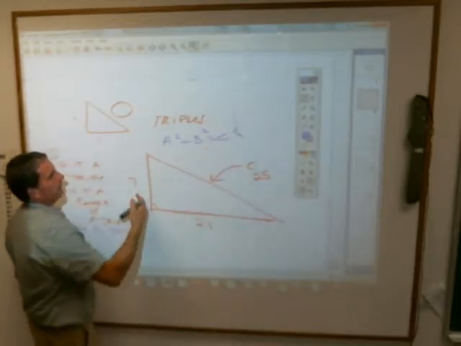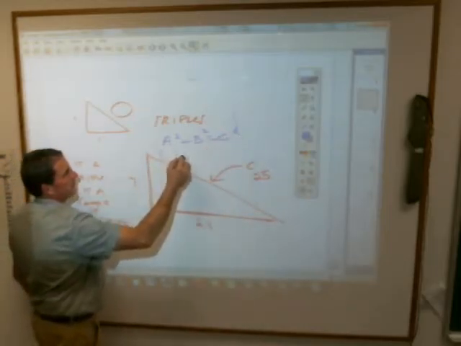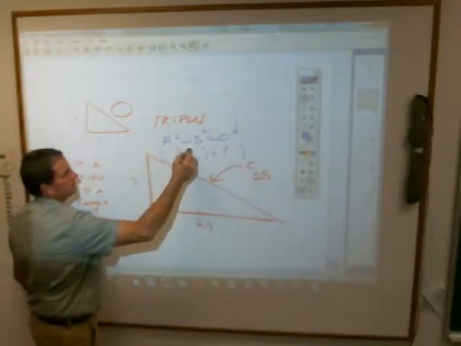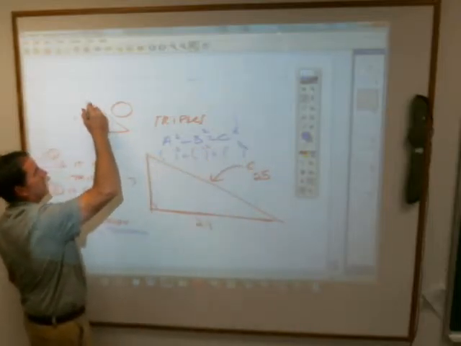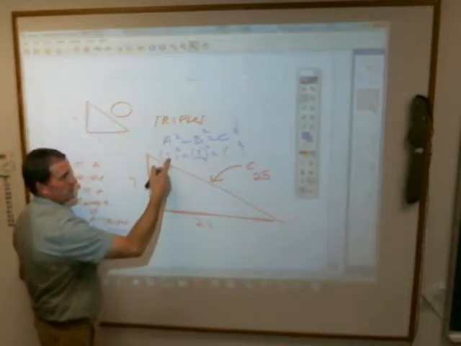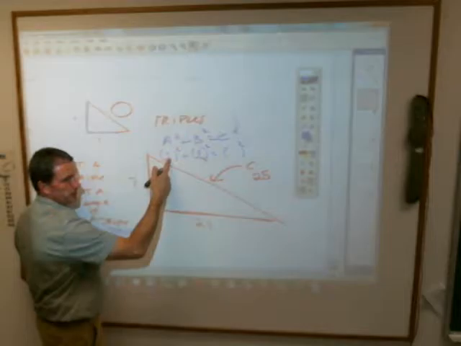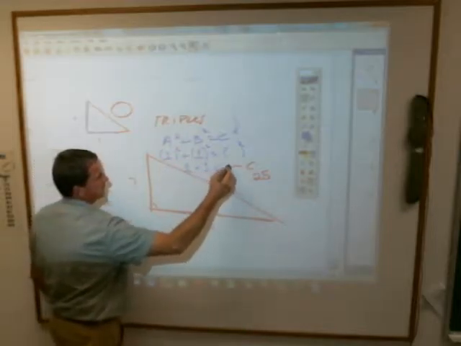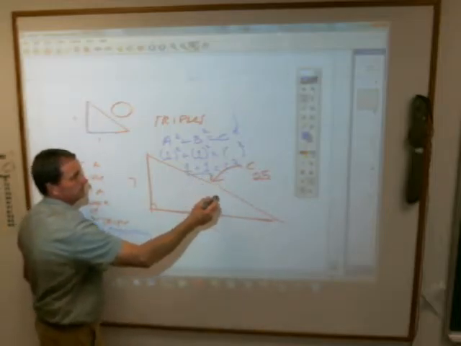Then you have to plug in the numbers, and I always use parentheses for letters there. What are my two legs? 1 and 1, so these are both 1s. What is 1 squared? 1 times 1 is 1. So 1 plus 1 equals c squared. What's 1 plus 1?